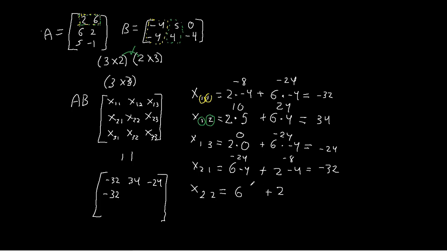And then we're going to be pulling the second column. All right, we're going to be pulling the second row. We're going to be pulling the third column. So that's going to be 0 plus -8.